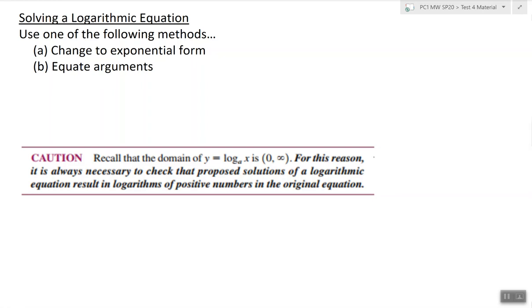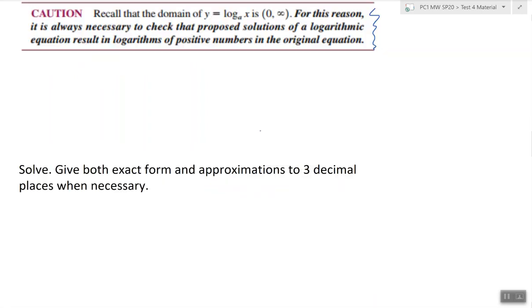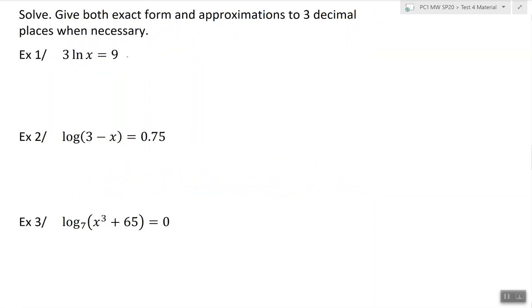We have to check our solutions when we're finished to make sure that the solutions we come up with are allowed. We cannot have arguments that are negative or 0. So whatever answer we come up with for an argument, we need to make sure it's not negative and not 0. Give both exact form and approximations to 3 decimal places when necessary.